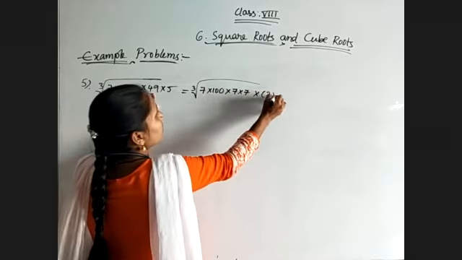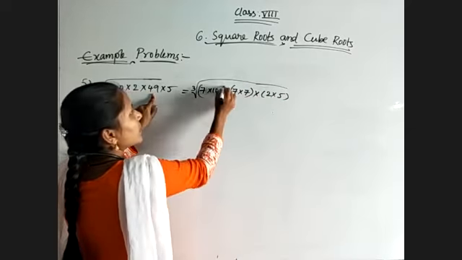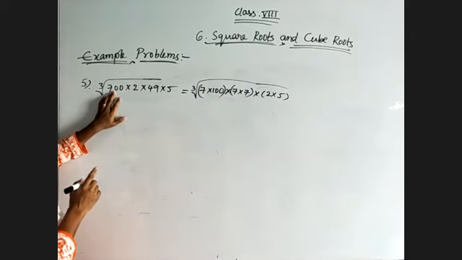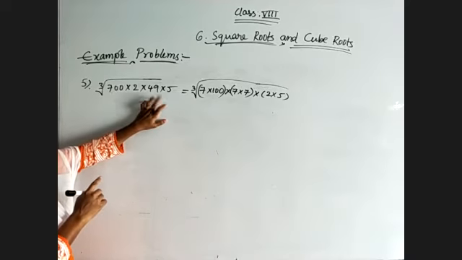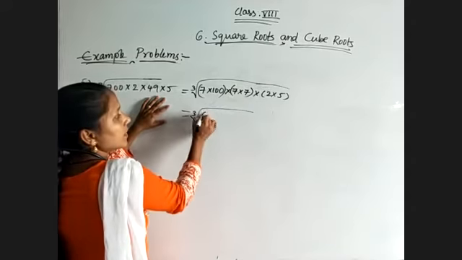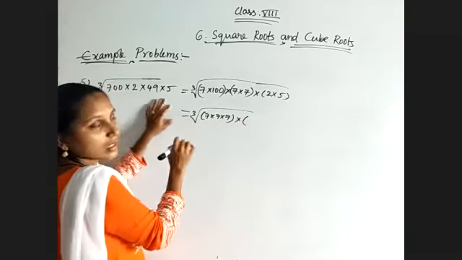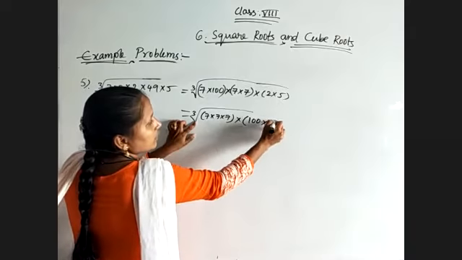And 2 and 5 together I am writing. 49 I elaborated and 700 I elaborated. 700 I split as 7 into 100, and 49 I am writing as 7 into 7, and 2 and 5 together I wrote. Then what will I get? Cube root of 7 three times I have: 7 into 7 into 7, in one group I am writing. And 100 into 2 5s are 10.